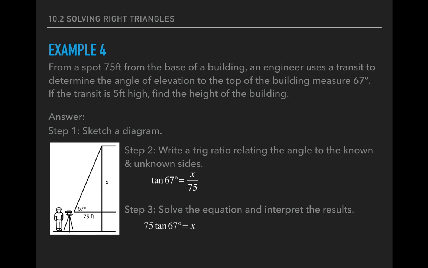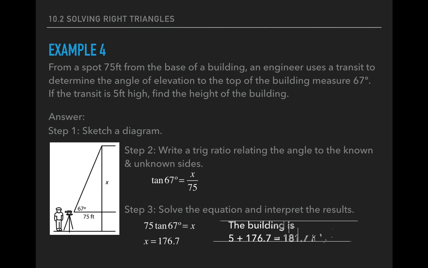To do so, you could just multiply 75 on each side so that your x is isolated, and you could type that whole string, 75 tangent 67 degrees, into your calculator, and that will give you 176.7. Okay, so what does that mean? That means that the measure of x of that right triangle is 176.7 feet.